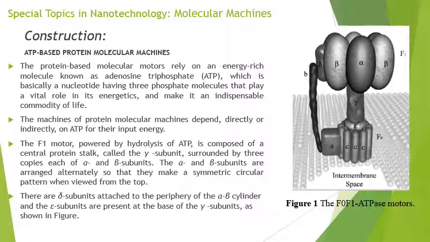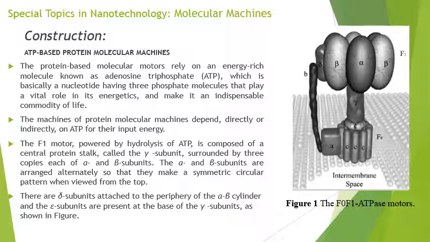So the F1 motor, powered by hydrolysis of adenosine triphosphate (ATP), is composed of a central protein stalk called the gamma subunit, surrounded by three copies each of alpha and beta subunits. The alpha and beta subunits are arranged alternately so that they make a symmetric circular pattern when viewed from the top, as shown in the figure.